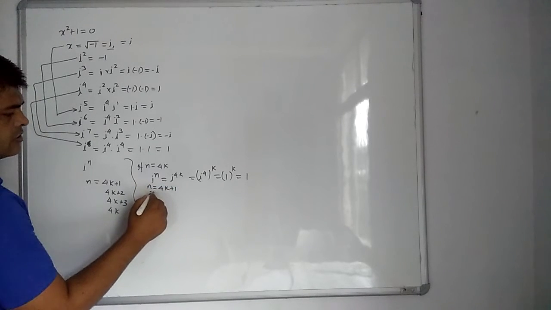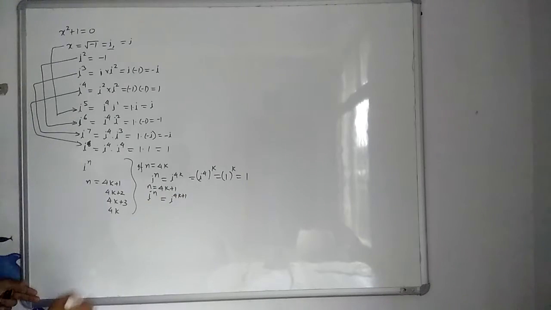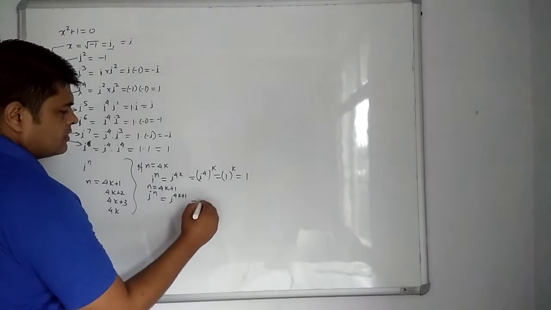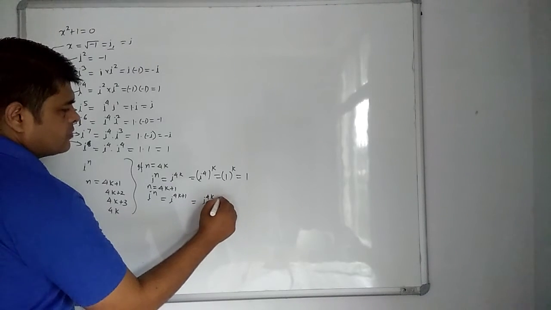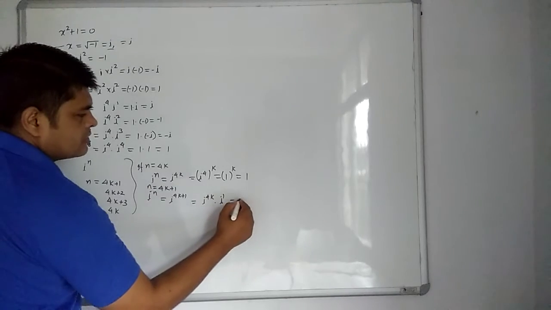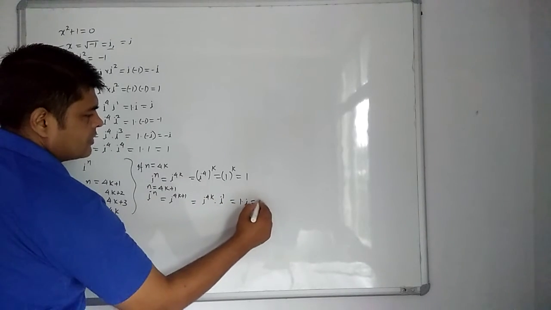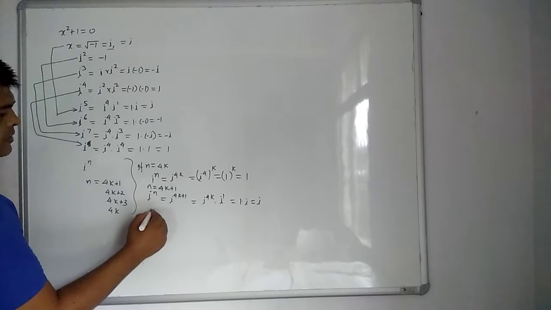In this case iota raised to the power n will become iota raised to the power 4k plus 1. This can be written as iota raised to the power 4k into iota raised to the power 1. So iota raised to the power 4k has value 1, and this is 1 into iota, that gives you iota.